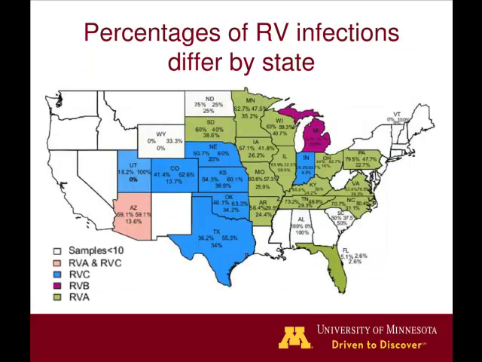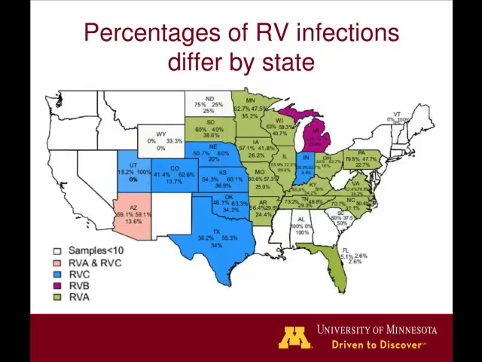So we wanted to look at something a little bit different. We wanted to see if rotavirus infections were different by state, by the different regions that exist in the United States. We have the Midwest, we have South Central, and Southeastern. So we have a nice map here representing single rotavirus infection by A, B, or C. A represented in green, which is what we see predominantly in the Midwest region, Minnesota through Arkansas.